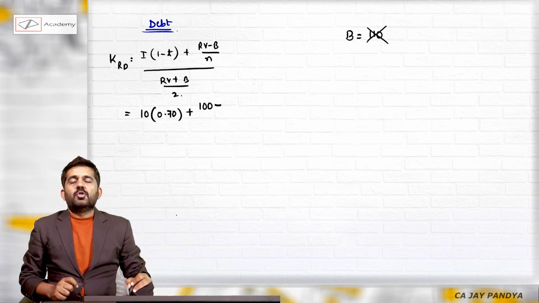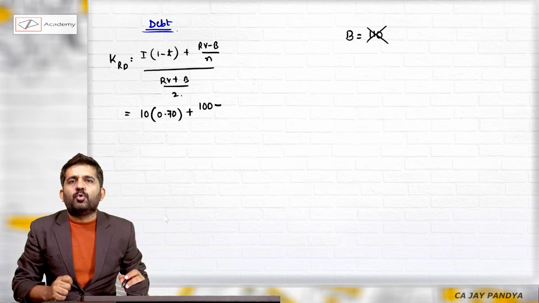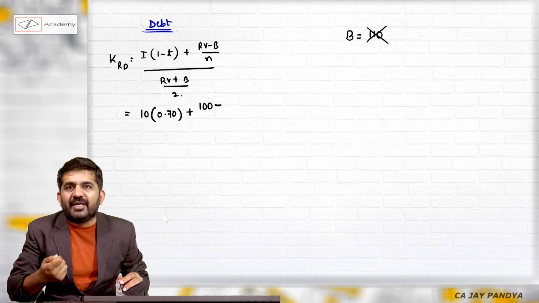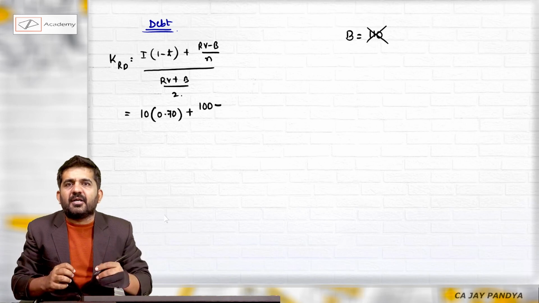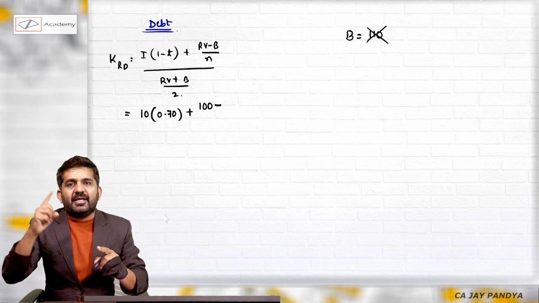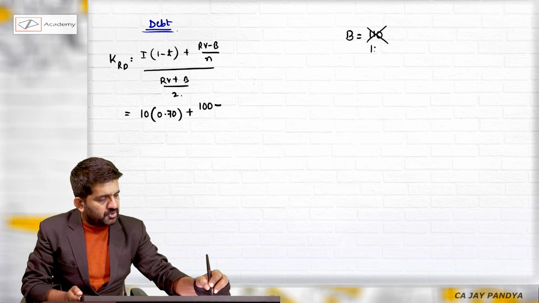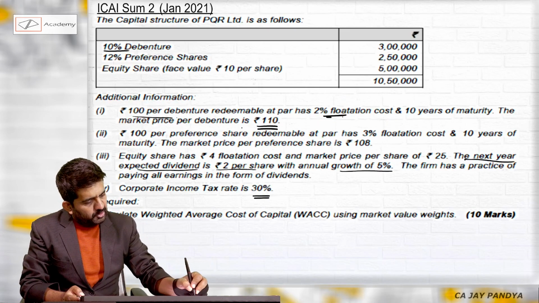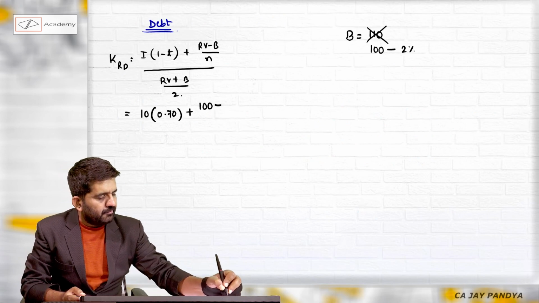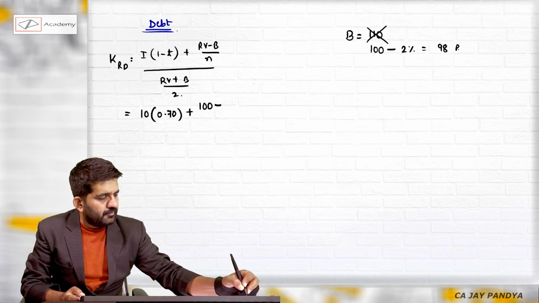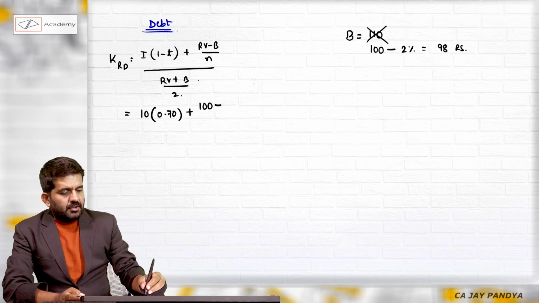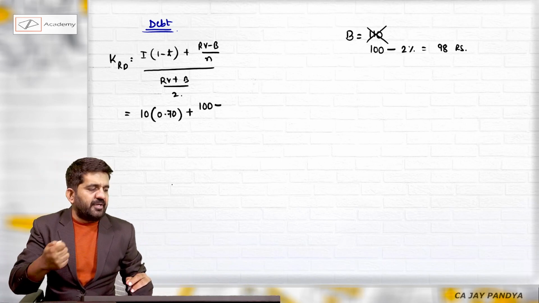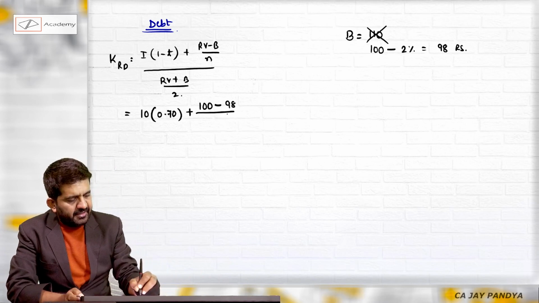No. For the purpose of calculating the cost, instead of current market price, I will be taking historical price, which is face value. And there is also a flotation cost. So B, instead of taking 110 minus 2%, I am taking 100 minus 2%, is 98.